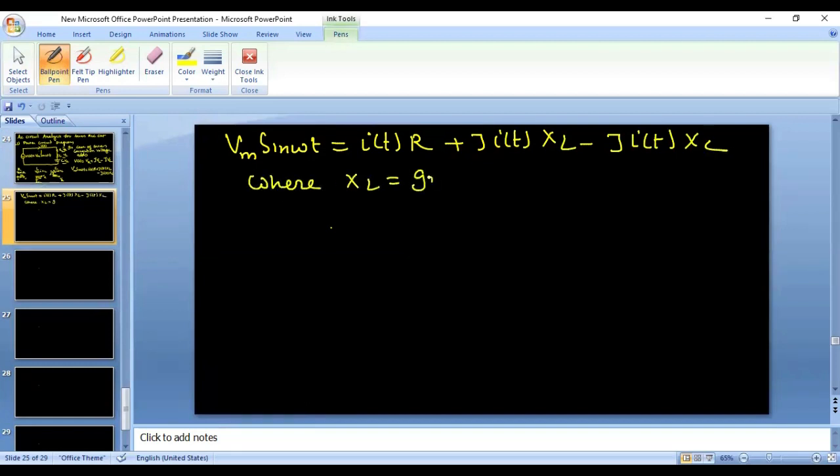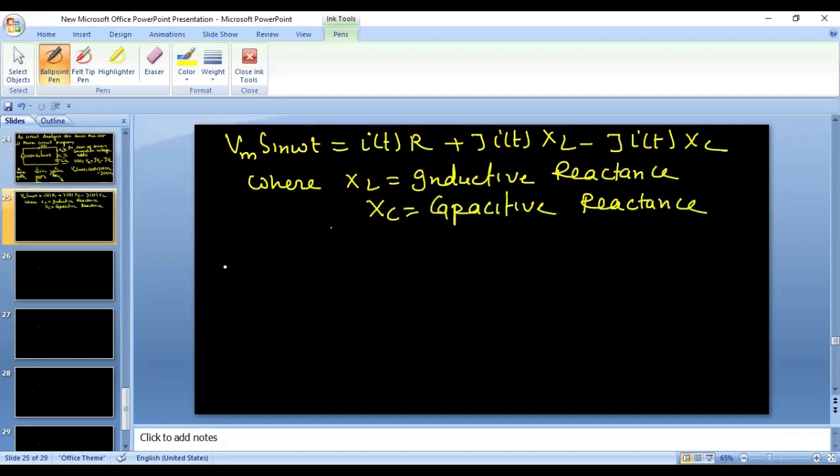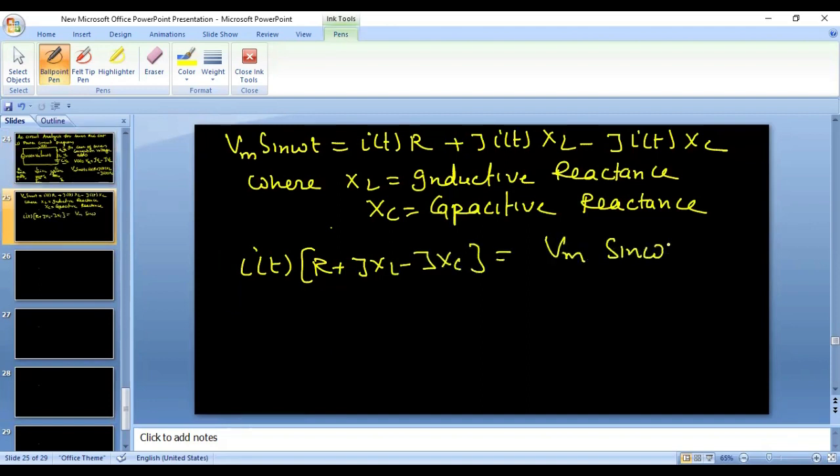XL is inductive reactance, and XC is capacitive reactance. If I further solve it, I can take IT common. I get IT times R plus jXL minus jXC equals Vm sine omega t.